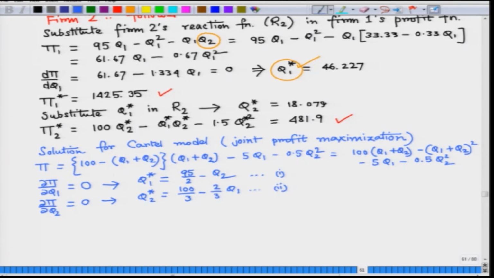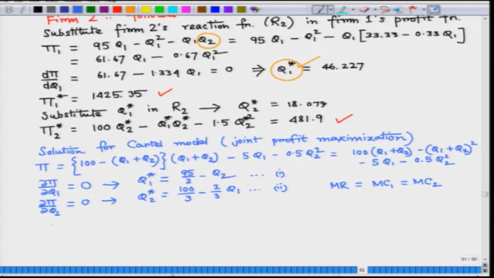Now, we know that in the cartel case the equilibrium condition is basically marginal revenue equal to marginal cost of the first firm equal to marginal cost of the second firm. So, basically this is my first order condition. Okay.